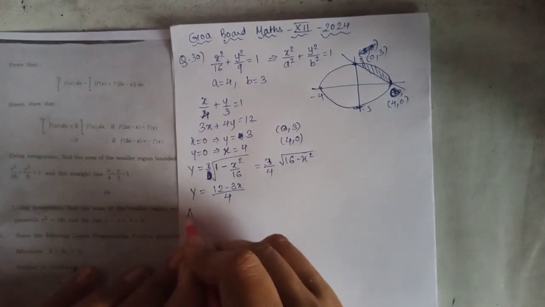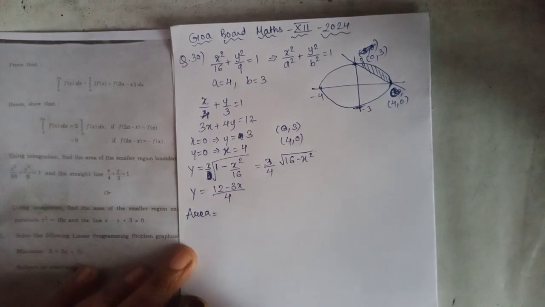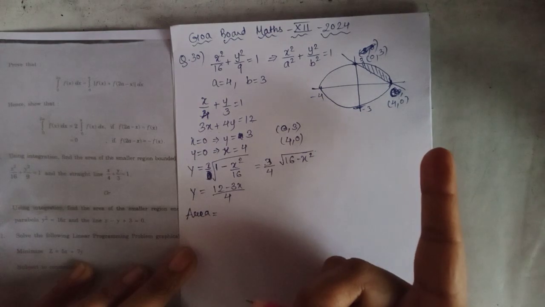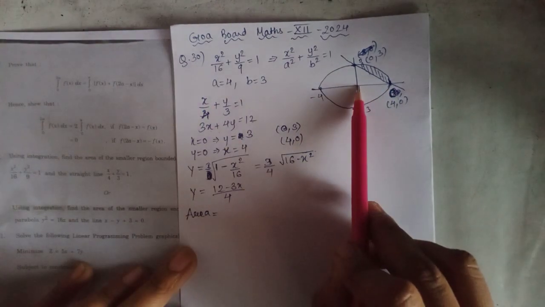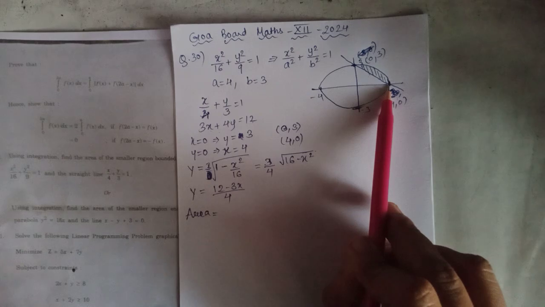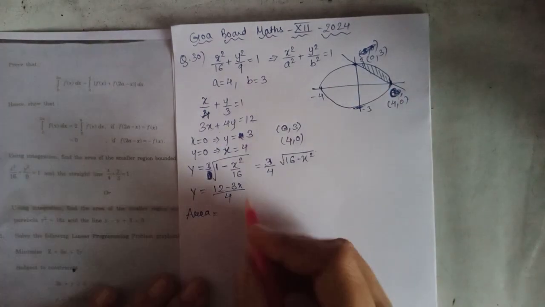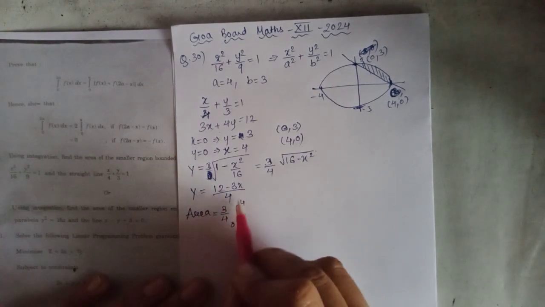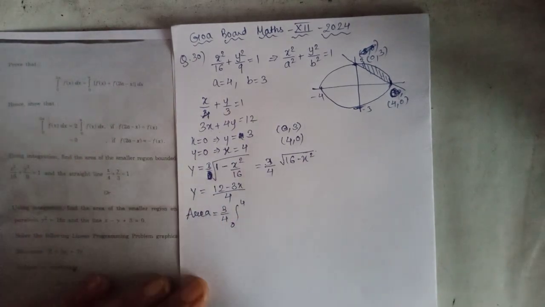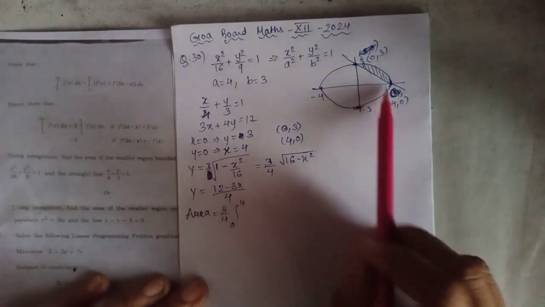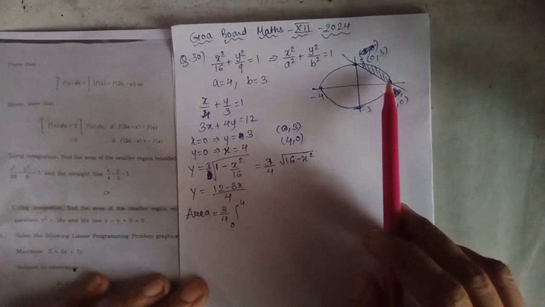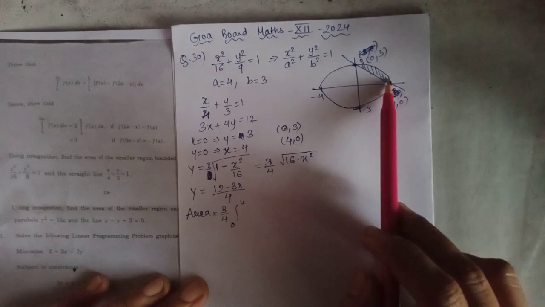So the area: x changes from 0 to 4, and I'll be taking the dx element. So it is 3 by 4, the integral from 0 to 4 of the ellipse, and from this you have to subtract the area of the line.